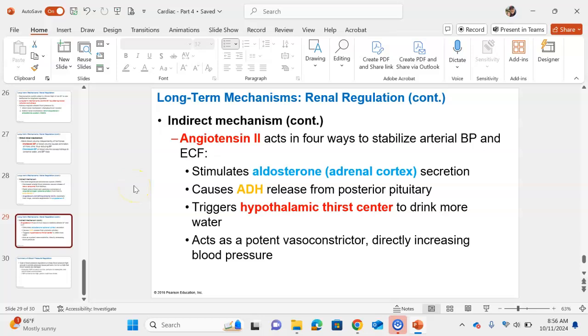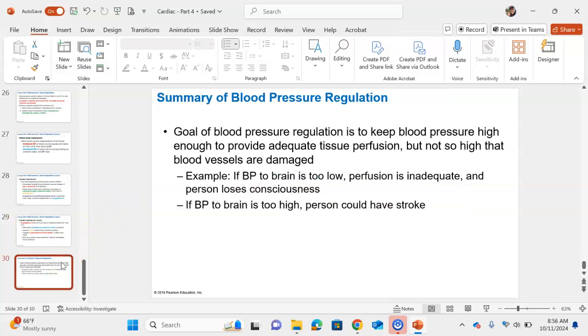So these impacts aren't going to be as rapid as, let's say, neurological influence, because remember, neurological influence doesn't affect blood volume. That's more of a short-term mechanism, but this is going to affect blood volume directly. So the RAAS. And I think that's it, my friends.